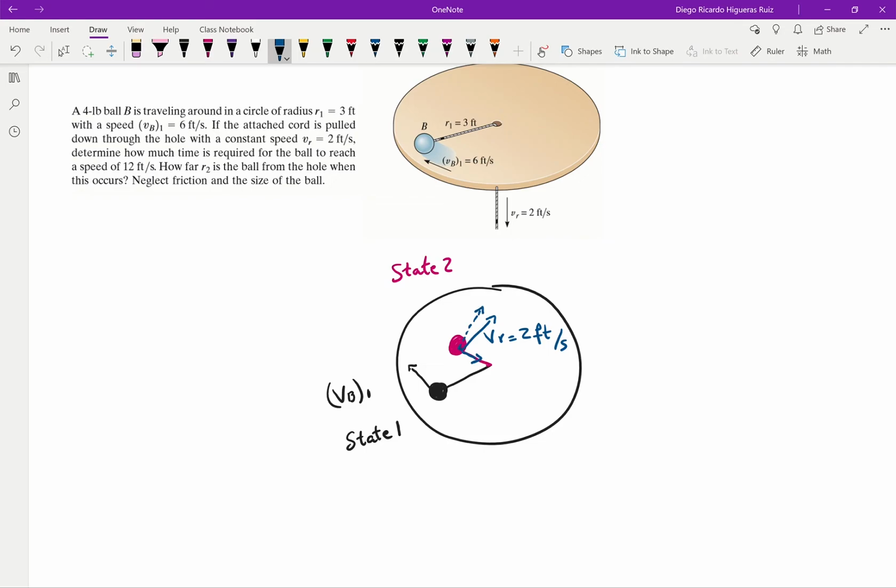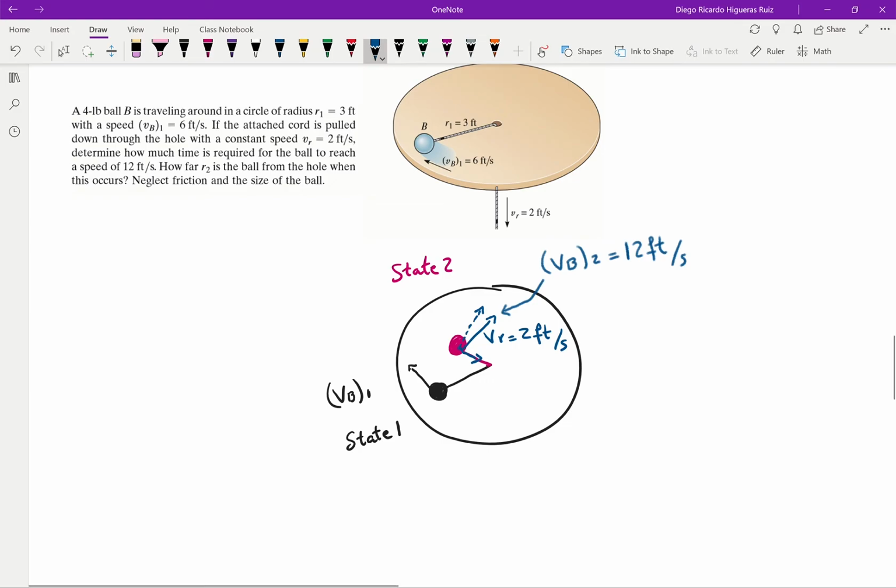So this total velocity is VB2 equal to 12 feet per second.